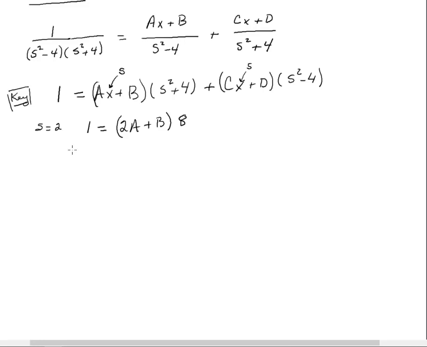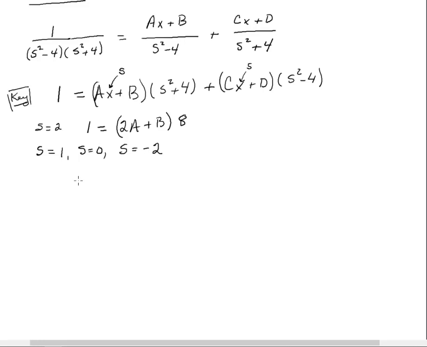Now we can try other values of s to see if we can't simplify this key equation, and the values I used were s equal 1, s equals 0, and s equal negative 2.